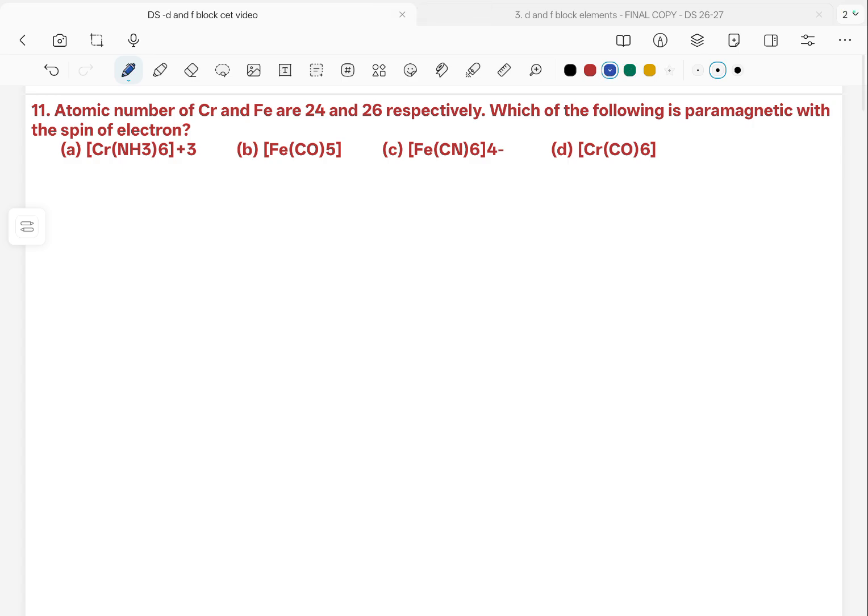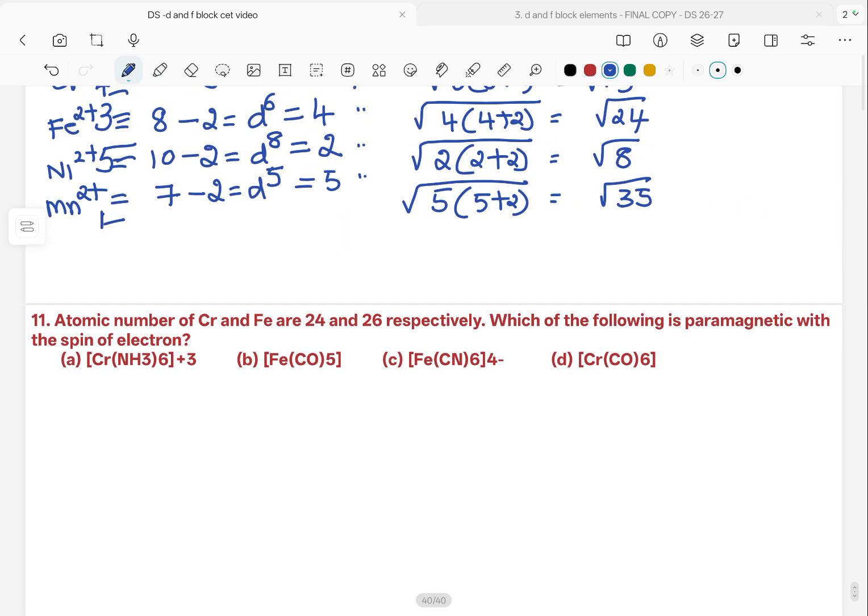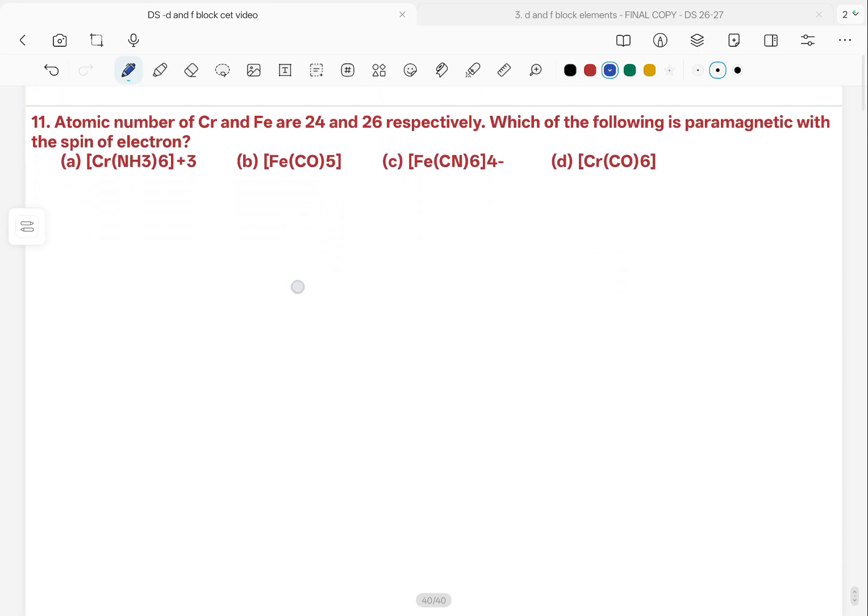The question is, atomic number of chromium ion are given 24, 26. Which of the following is paramagnetic with the spin of electron is given? We know ions with unpaired electrons are paramagnetic.